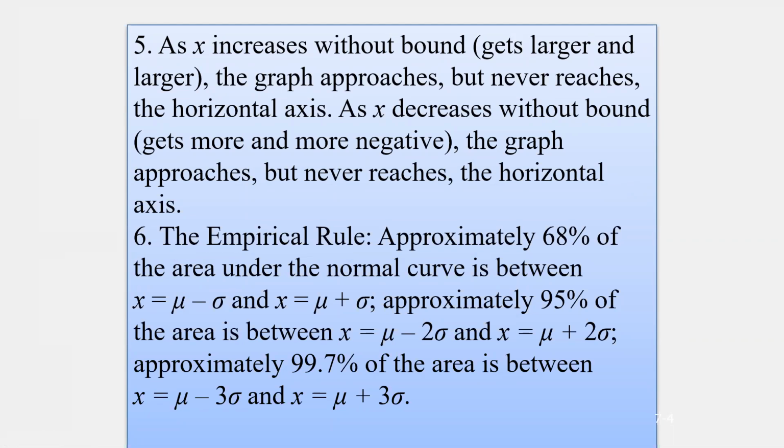And then the big thing that we're going to use first today is this empirical rule. Basically what it says, and this is important, is that 68% of the area falls from the mean minus a standard deviation to the mean plus a standard deviation; 95% from the mean minus 2 standard deviations to the mean plus 2 standard deviations; and 99.7% from the mean minus 3 standard deviations to the mean plus 3 standard deviations.